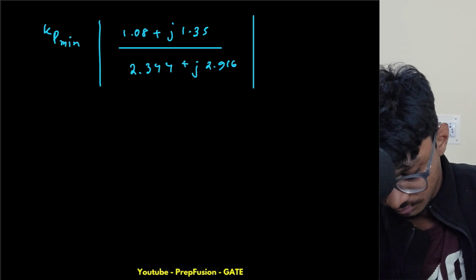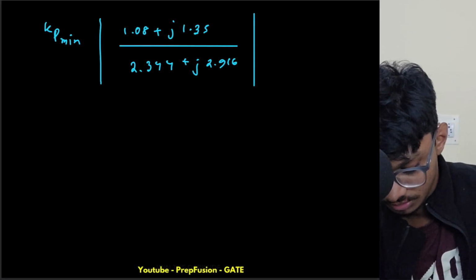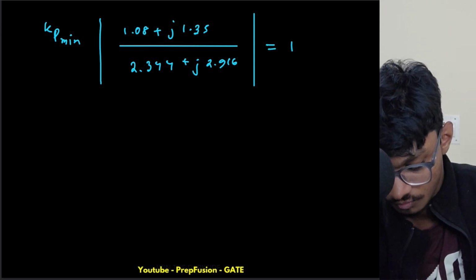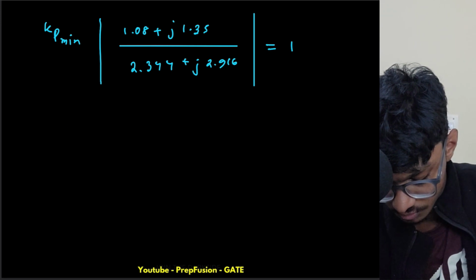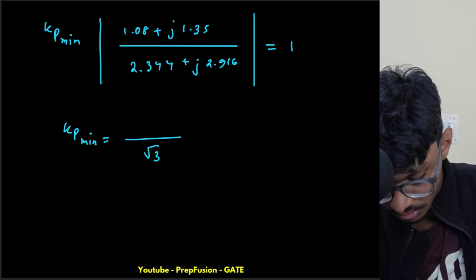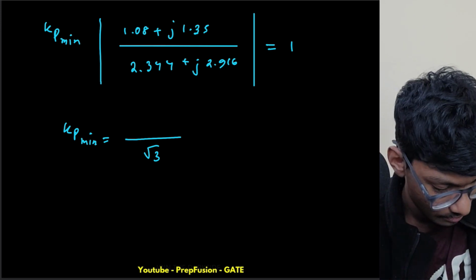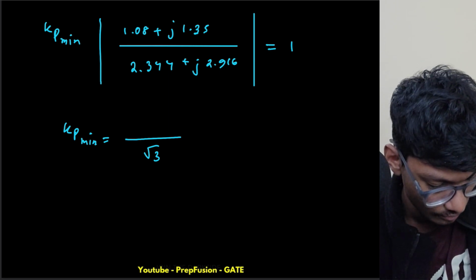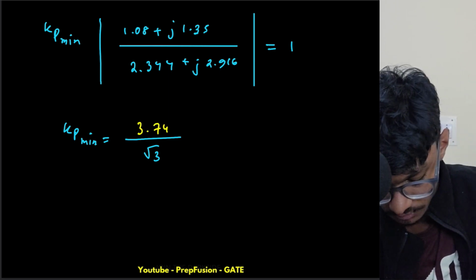Okay, check, you will see that the magnitude of this whole thing will be equal to 1. Hence this magnitude is root 3 itself. K minimum should be equal to root 3, and in the numerator, the square plus 2.344 square under root is 3.741.